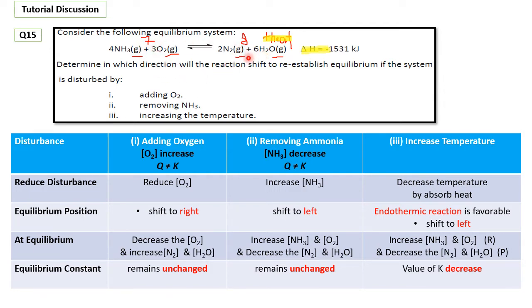The equilibrium shifting to the left means more reactant will be produced. The concentration of the reactant increases. So the concentration of ammonia and oxygen increases. Automatically, the concentration of the products, meaning nitrogen and steam, is decreased. Then the Kc value decreases.